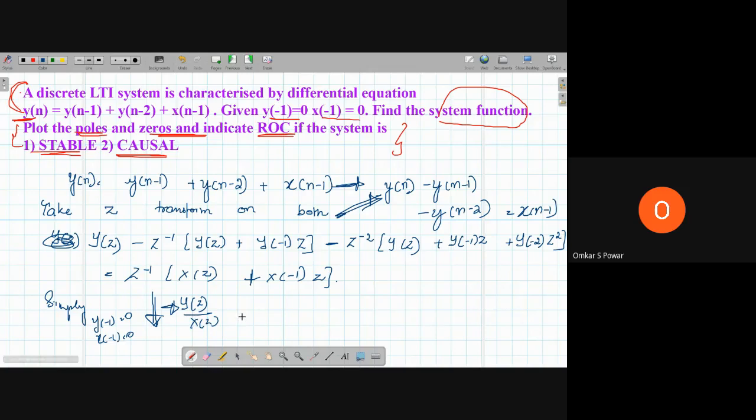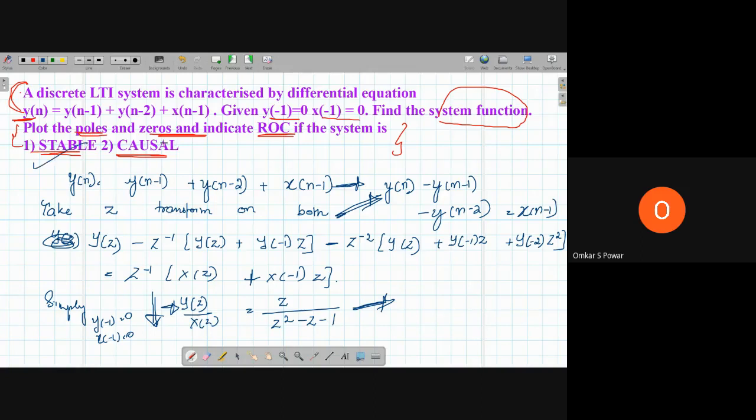So I'm writing directly for you. You should get z by z square minus z minus 1. So in terms of Y(z) by X(z) you have to get, and then you have to simplify in terms of partial fractions, get the values of A and B, and then you have to substitute.